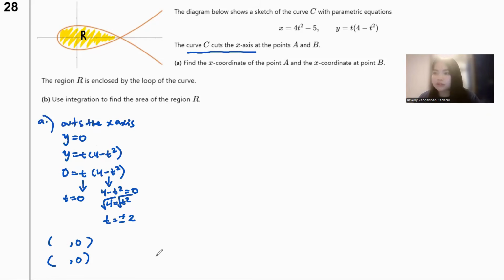For example, I can put t is equal to 0 there. So x is equal to 4 times 0 minus 5. So we will have minus 5. One of the coordinates is minus 5. And next, how about putting your t as positive and negative 2?